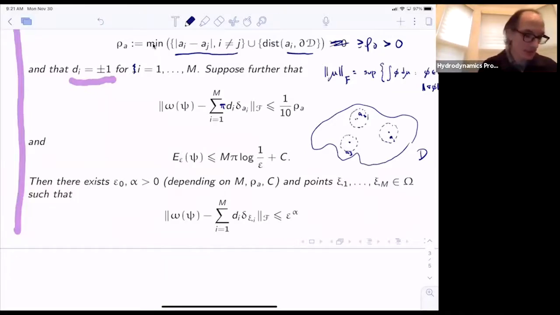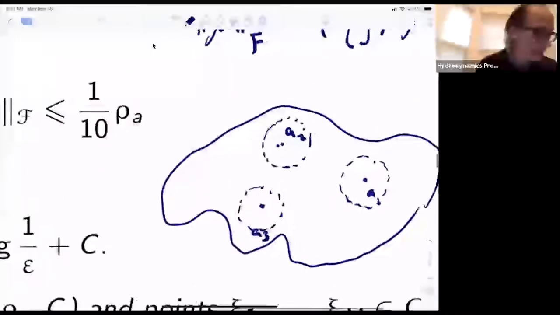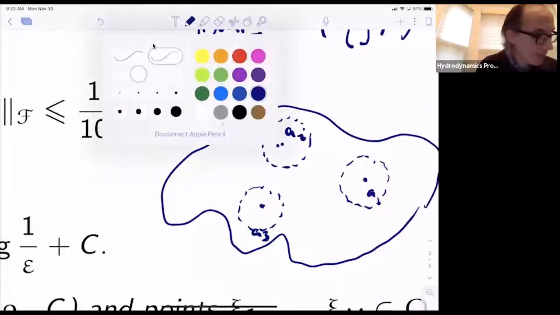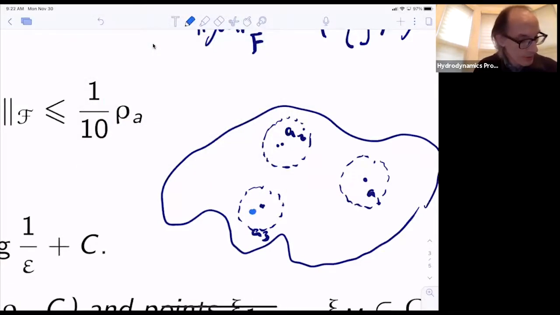Okay, well, let's look at the conclusion. The conclusion is that there exist points, say C1, C2, and C3, such that the vorticity is very, very sharply concentrated around these points.